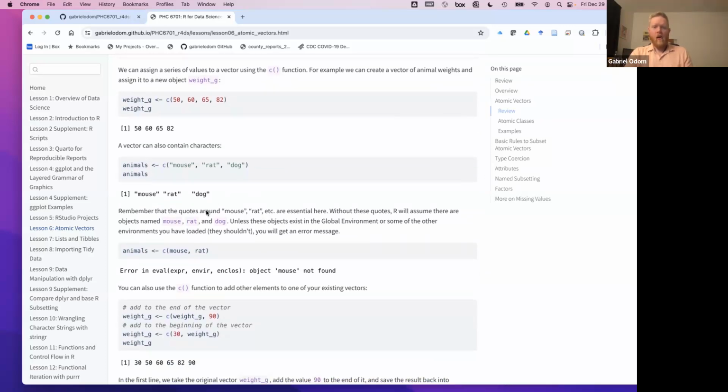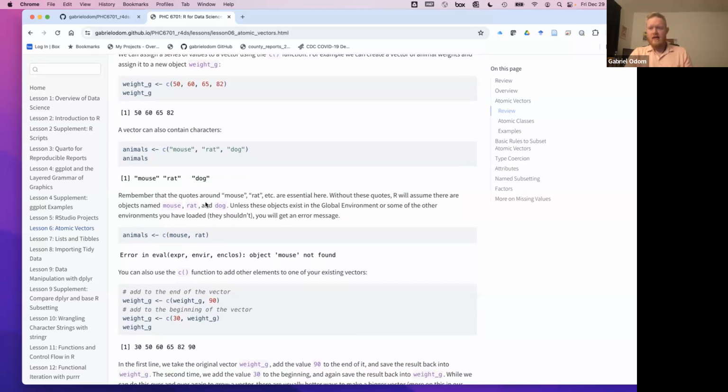Now, I'm going to take an aside here and talk about the quotes. If you had tried to make this ordered vector without the quotes, just to say mouse and rat, you're going to get an error here. So this goes back to the idea of how do we make characters? We can't just type the name. We can't just type the letters. We have to put it in a character string.